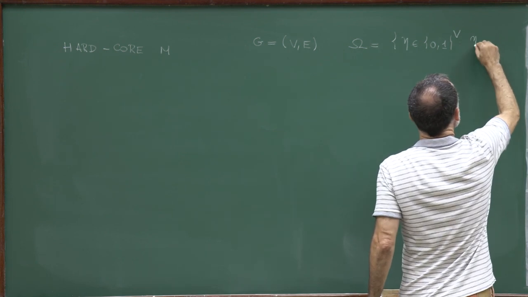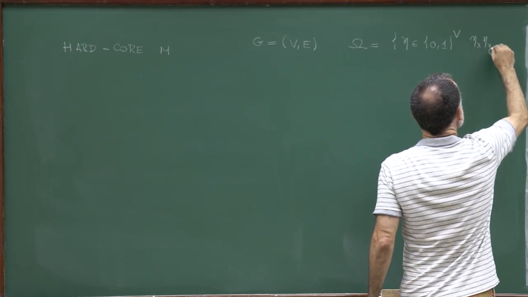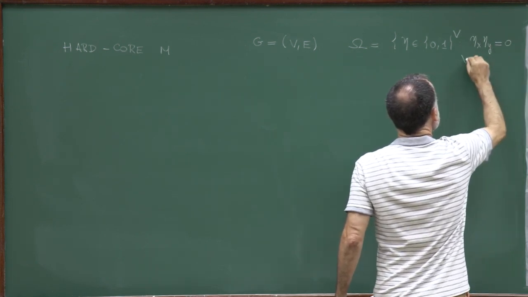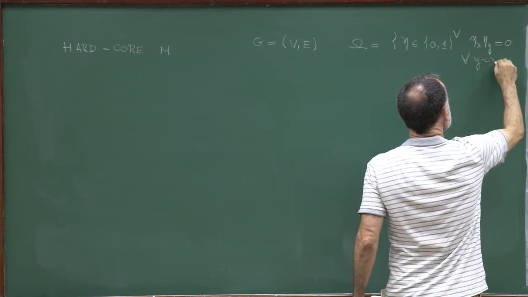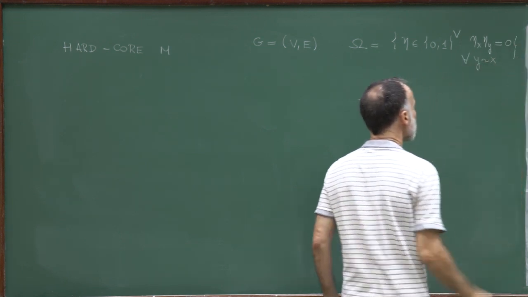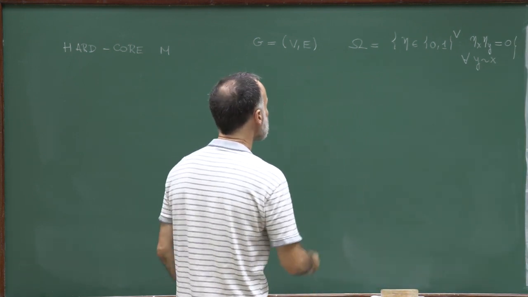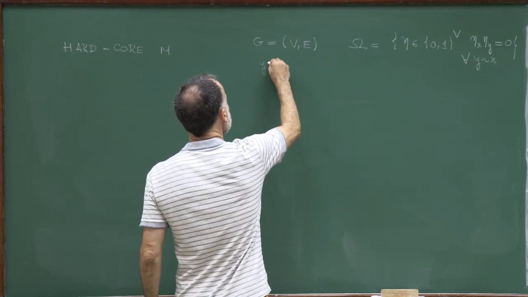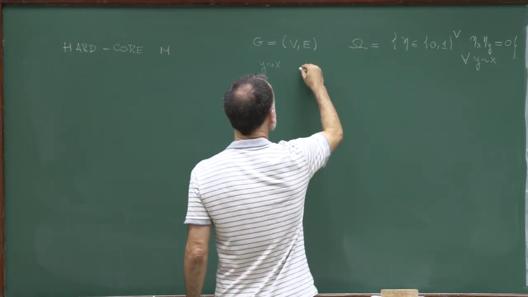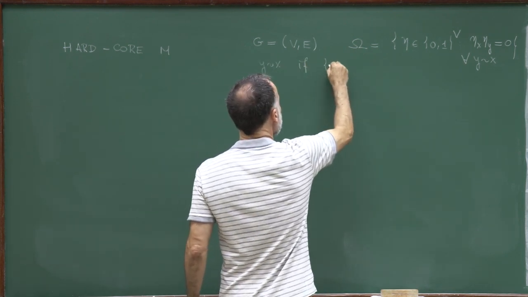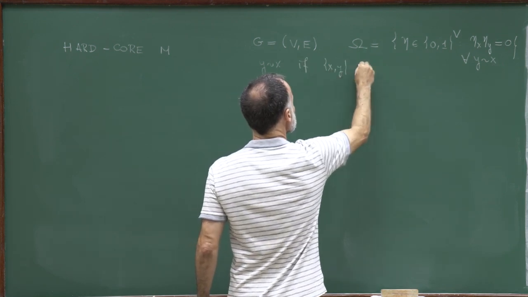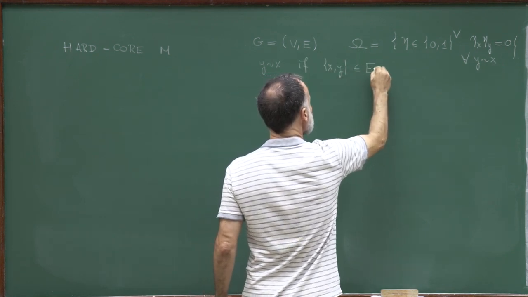This means that eta_x eta_y = 0 for all y which is a neighbor of x. Mind that here I'm introducing a new notation: I will say that y is a neighbor of x if xy is an edge, if xy belongs to the set of edges.